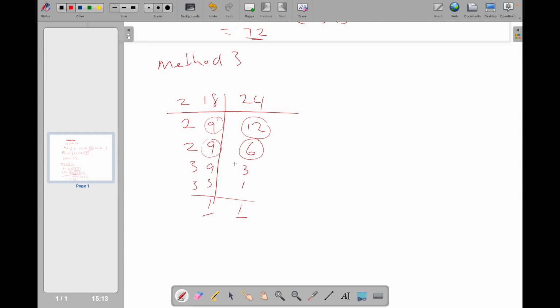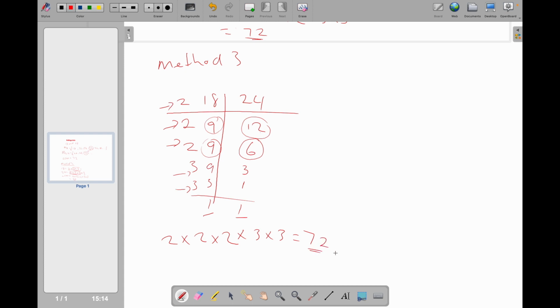So now what do we do next? We just take these numbers. We have this 2, this 2, and this 2, which means 2 by 2 by 2, and we have this 3 and this 3, which is by 3 by 3, which will give us 72, and the same answer.